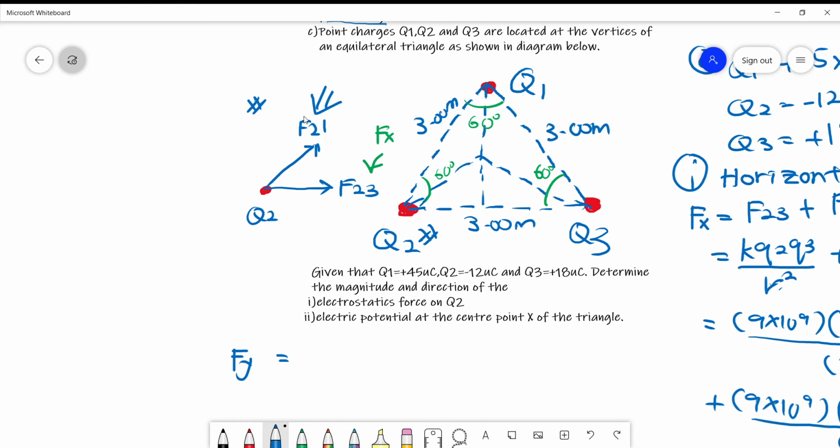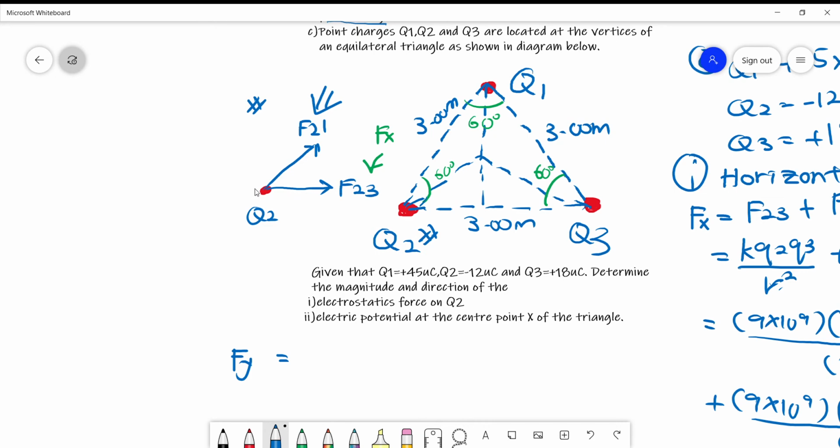Since the F21 is itself a resultant force, it will divide into horizontal and vertical. So as for the F23, as I said just now, is already in the form of horizontal, so the vertical force for F23 is actually 0.